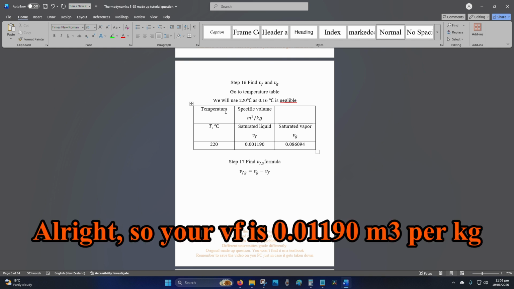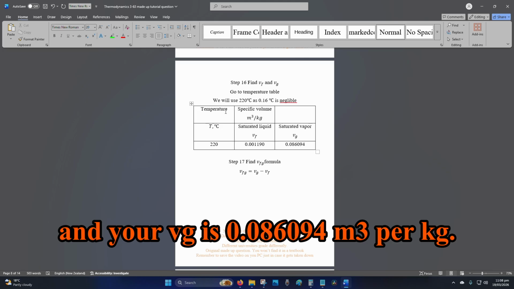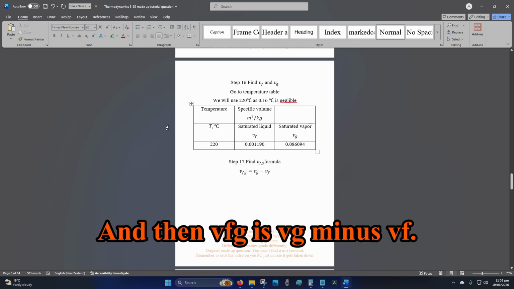Alright, so your VF is 0.001190 meters cubed per kilogram, and your VG is 0.086094 meters cubed per kilogram, and then VFG is VG minus VF.